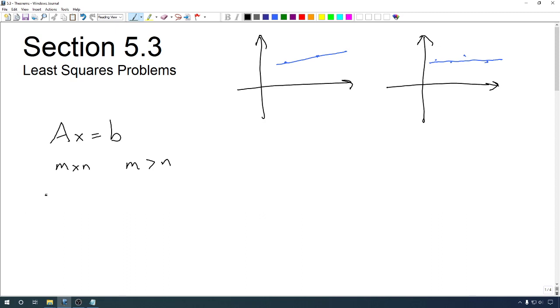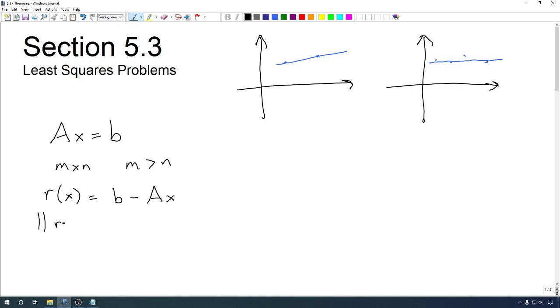We're going to define a function that the book calls the residual. This is going to be the difference of b minus Ax. So for any vector x that we plug in here, it's going to be this difference. And this is going to be a measurement of how far x is away from being a true solution to the system.